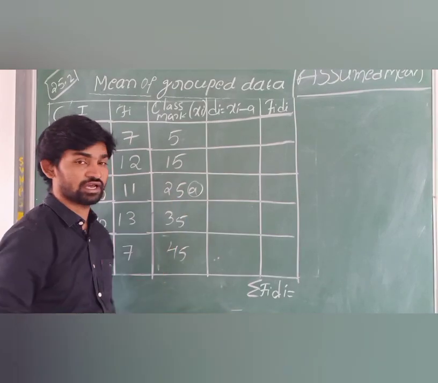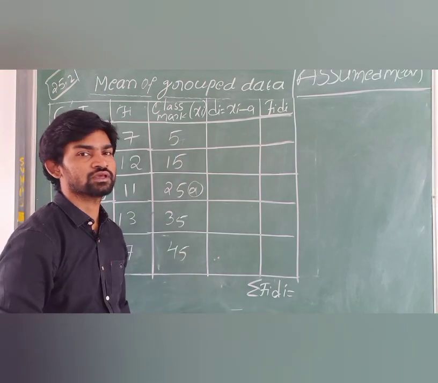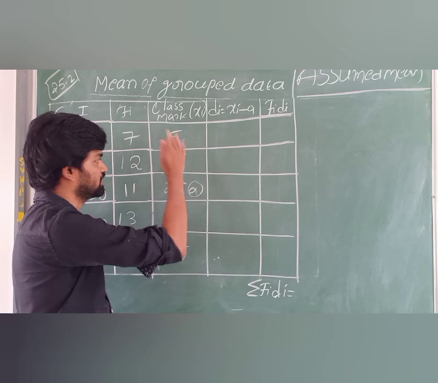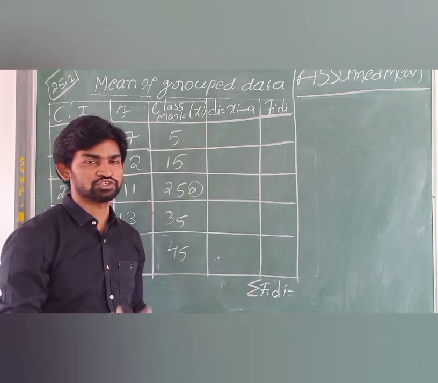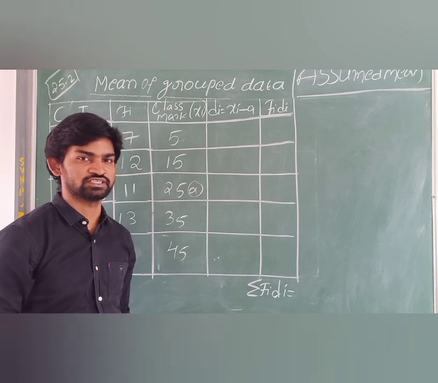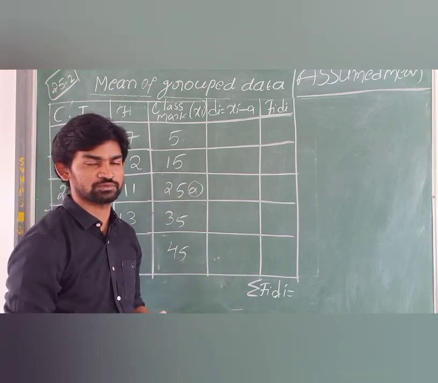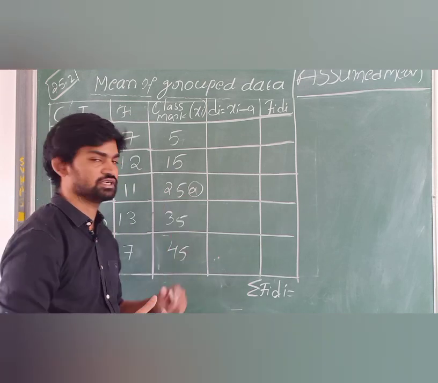Actually, in assumed mean method, you can take 5 also. You will get the same answer. The answer will not change. But for our convenience we will take middle terms, so that values come a little lesser and calculation becomes easy.